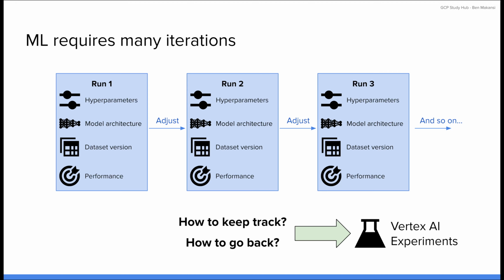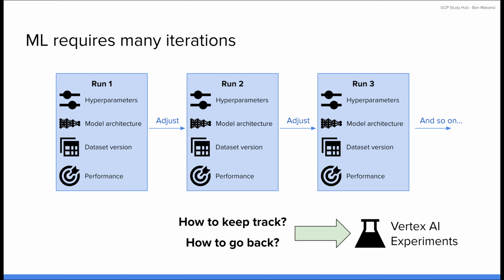Vertex AI Experiments gives you a lightweight way to track and organize all of your training runs. So each time you try a different setup, maybe you adjust the learning rate or change your data split or test a new architecture, you can log it as a separate experiment run. And you can record data about each run, the parameters used, the model type, the metrics, the data set.